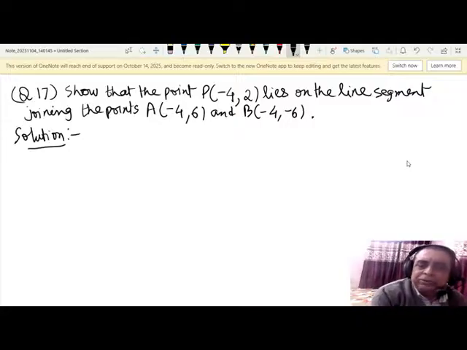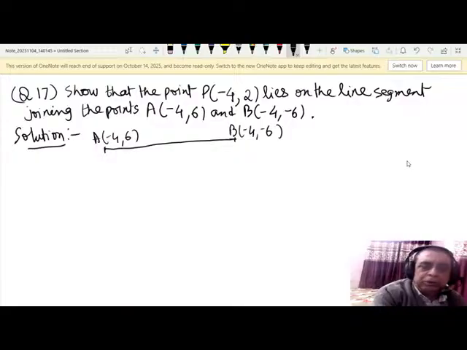Now see the formula for the equation of a line passing through 2 points. Suppose I draw the line like this. Here I am marking the point A, it is minus 4 and 6. B is here, minus 4, minus 6. One coordinate you call x1 y1, any one.